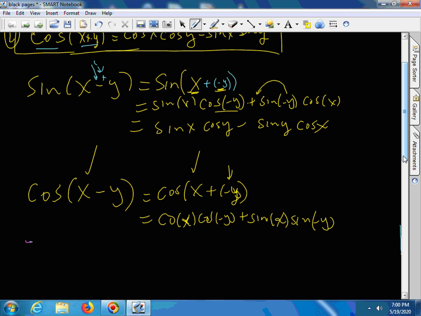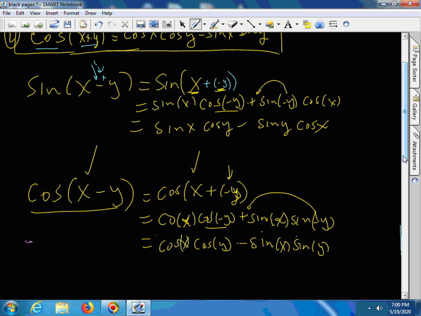And then we're 90% done. The cosine of a negative angle is just cosine of the angle, and that minus comes in front. That's minus sine of x times the sine of y. And there it is. This equals that.